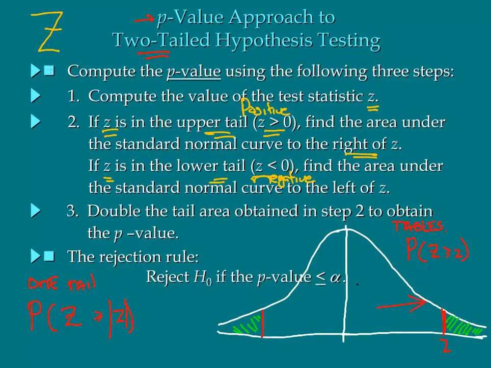Whatever answer you get, double it to get the p-value of the test statistic, because with a two-tail test you're looking for the area of the two tails. The two green areas here have the exact same area. So once you know one, to get the combined green area, you just double it.